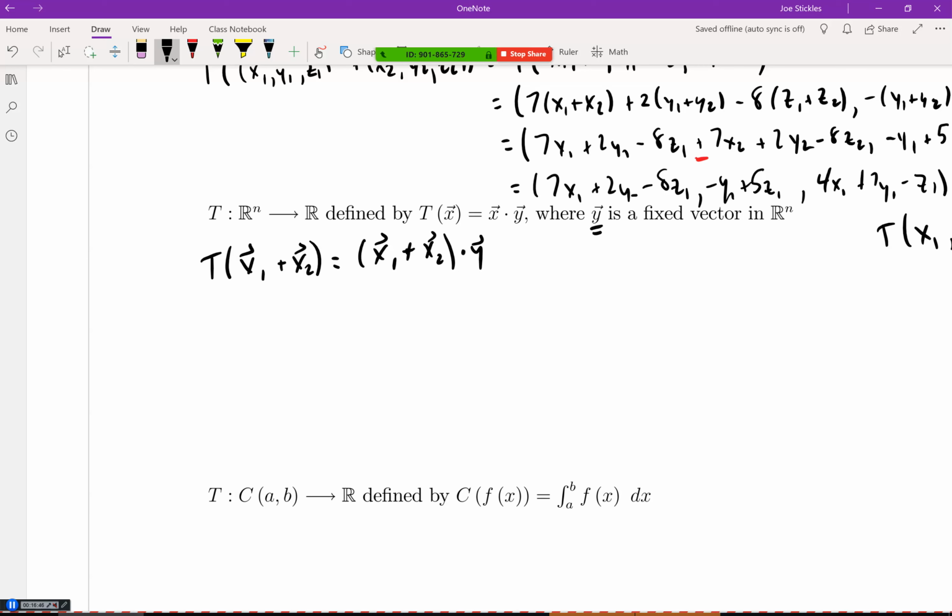I'm using the dot here rather than our inner product symbols because we're doing the usual inner product on real vectors here. So typically we refer to that as the dot product and use the dot. Then we know that dot products distribute nicely over sums, and that's exactly how the transformation is defined.